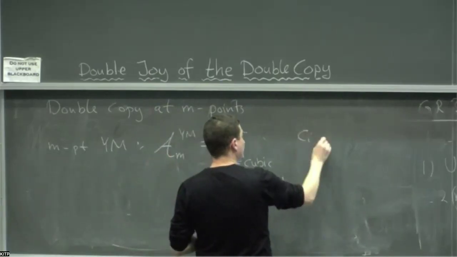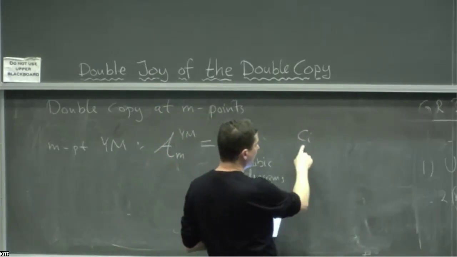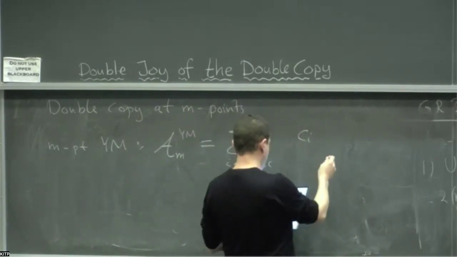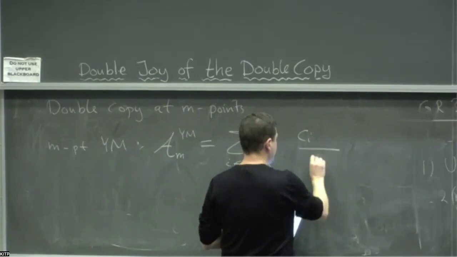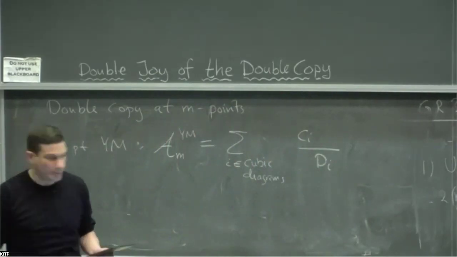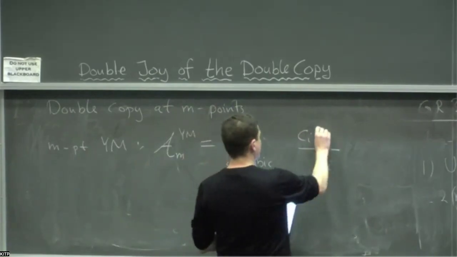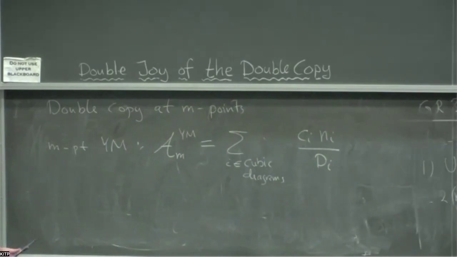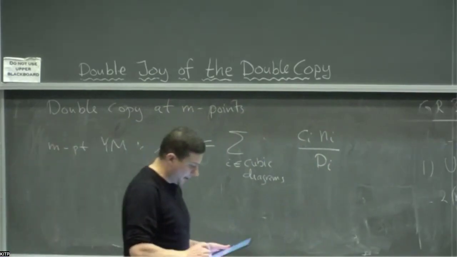And then for each cubic diagram, you have a color factor, which is just a trivial one that you would get from sewing together f^{abc}s. You have a trivial denominator factor, which is what you would get if you had scalar phi cube theory. And then you have a non-trivial numerator factor, which you cannot compute in some simple way from Feynman rules.